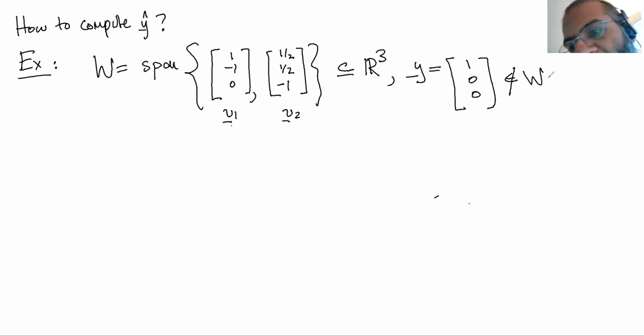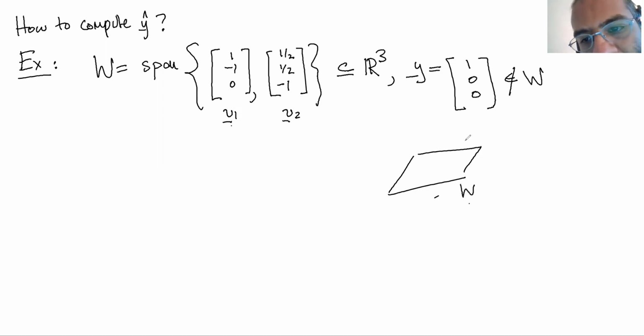And now you can ask this question, well, how do you compute this closest point y hat? So here's a picture: there's this W, there's some y, and I want to compute this vector y hat.